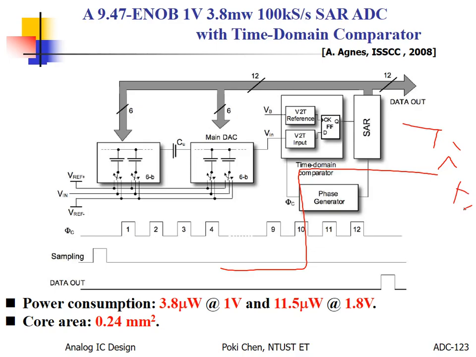So what is your output? If your output is delayed, we will sample 1. If your output arrived earlier, we will sample 0. Piece of cake: the early or the later, right? That's it. With a D flip-flop, we can compare the time. We can tell who arrives earlier and who arrives later.